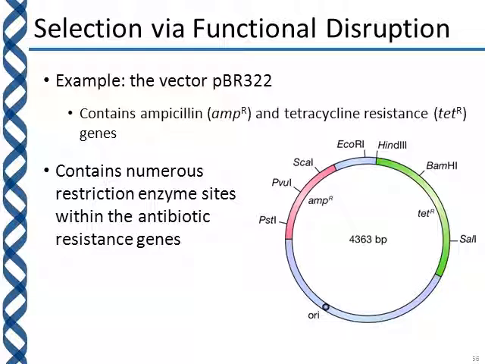For example, the vector pBR322 contains the ampicillin resistance and tetracycline resistance genes. These contain numerous restriction enzyme sites within the antibiotic resistance genes.